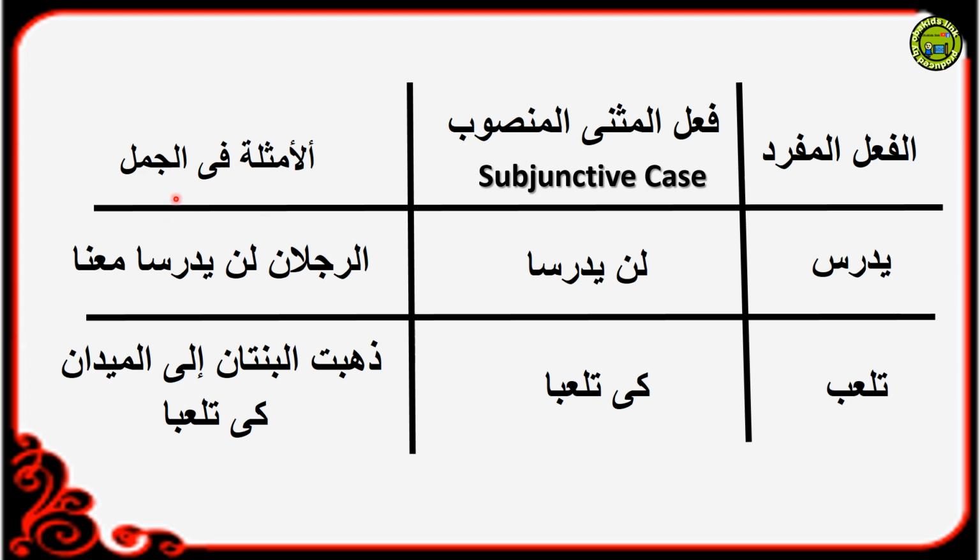Al-rajulani lan yadusa ma'ana, the two men will never learn with us. Tal'ab, she is playing. Kay tal'aba, so they can play. Zahabat al-bintani ila al-maydani kay tal'aba, the two girls went to the field so that they can play. So the subjunctive case here is yadusa and tal'aba.